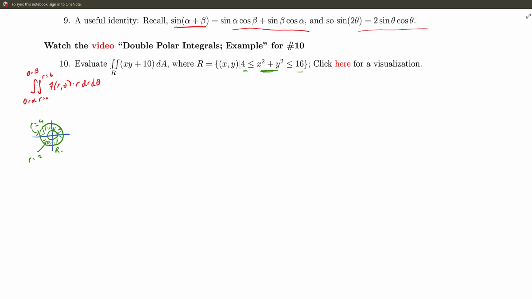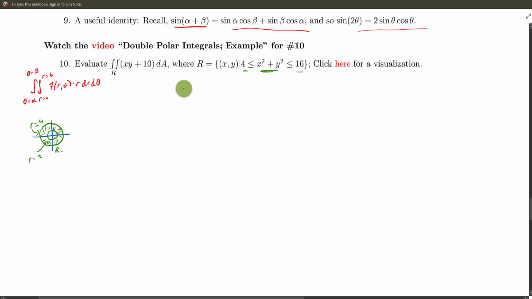So we're going to use the substitution just like we used a lot of times in our polar substitutions. We're going to use a substitution that x is equal to r times the cosine of theta, and that y is equal to r times the sine of theta.